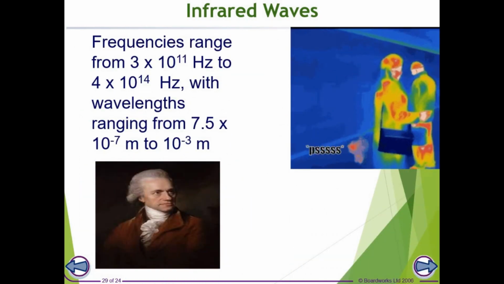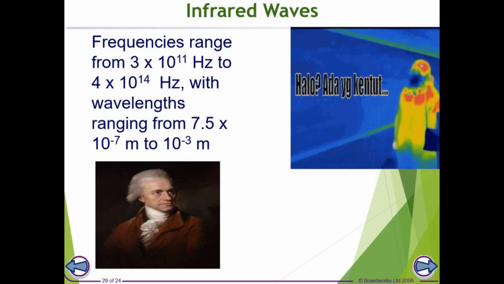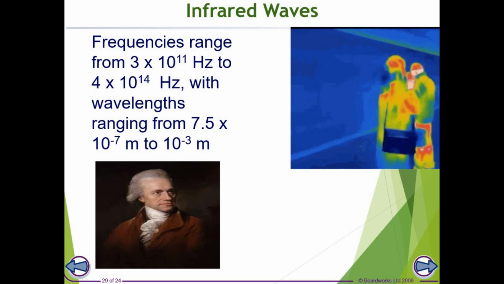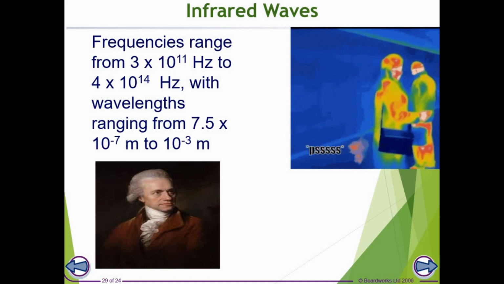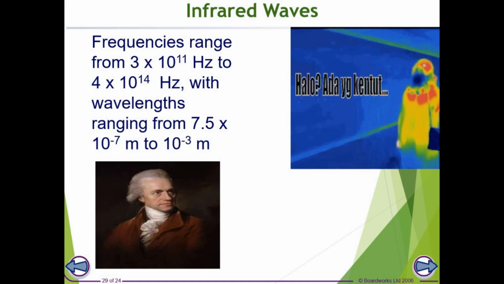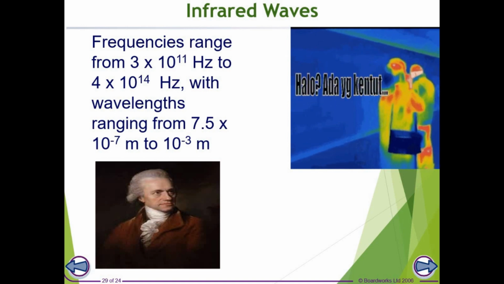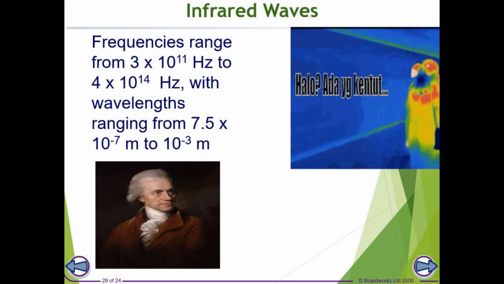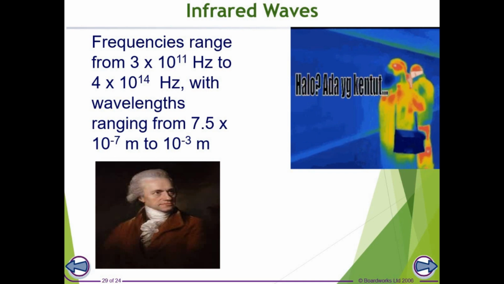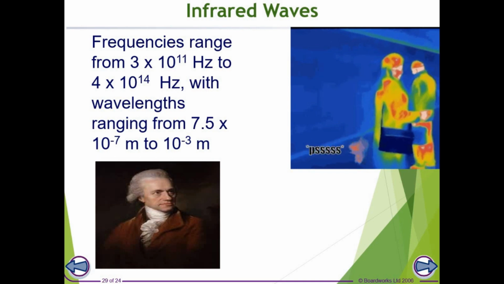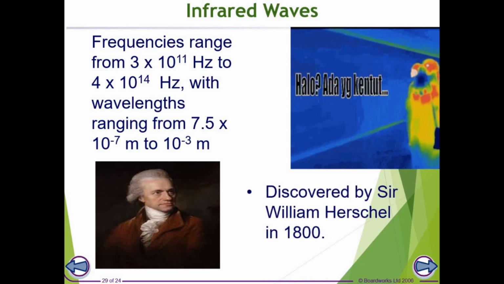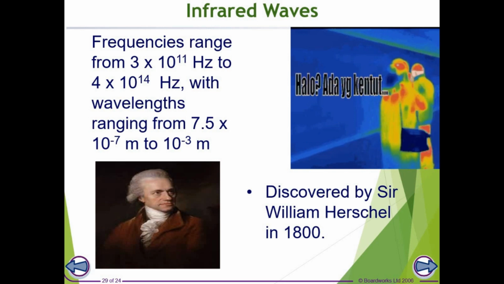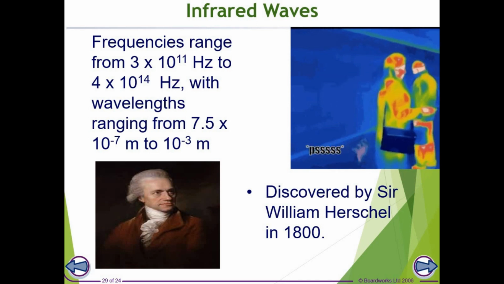Infrared waves have frequencies which range from 3 times 10 to the power of 11 Hz to 4 times 10 to the power of 14 Hz, with wavelengths ranging from 7.5 times 10 to the negative 7 meters to 10 to the negative 3 meters. Infrared waves were discovered by Sir William Herschel in 1800.